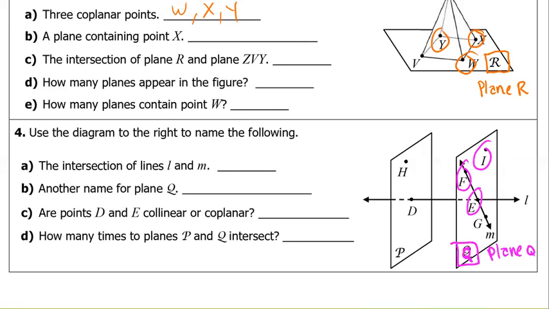So these 3 will be another name for plane Q. So plane I, F, and E. That is how you do that one for number 4.